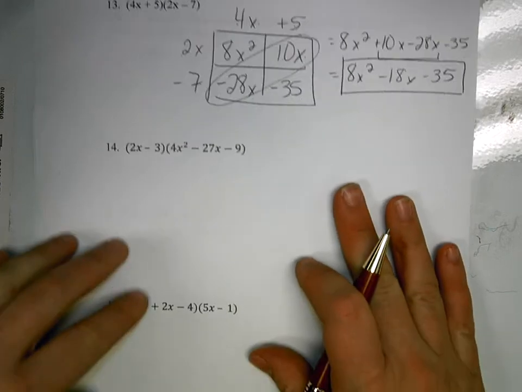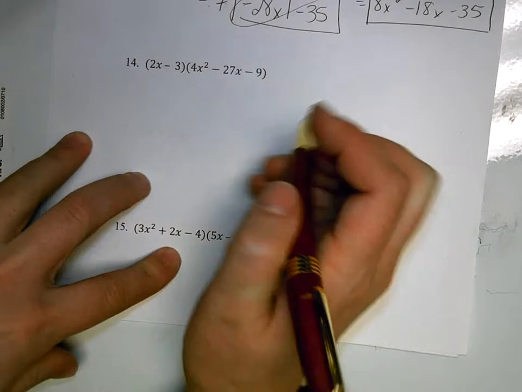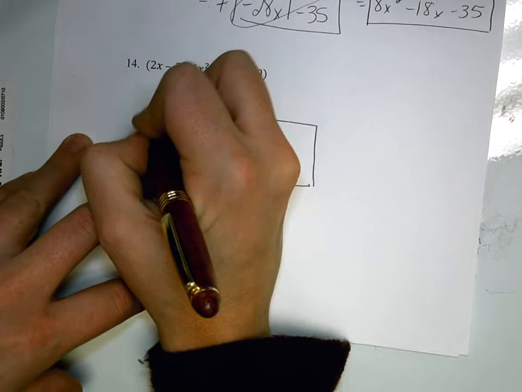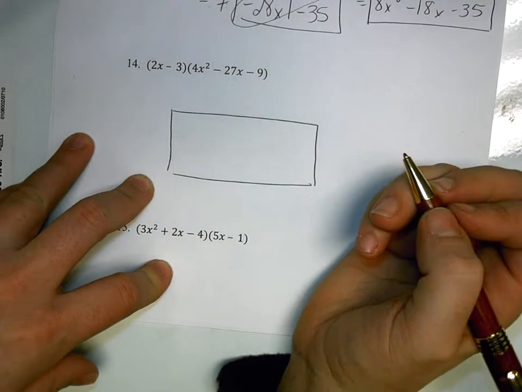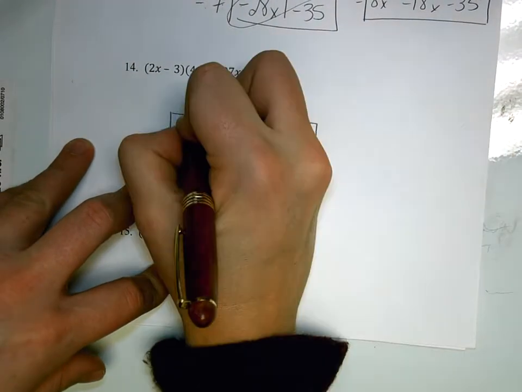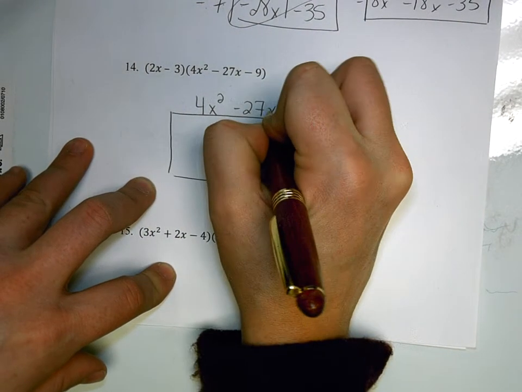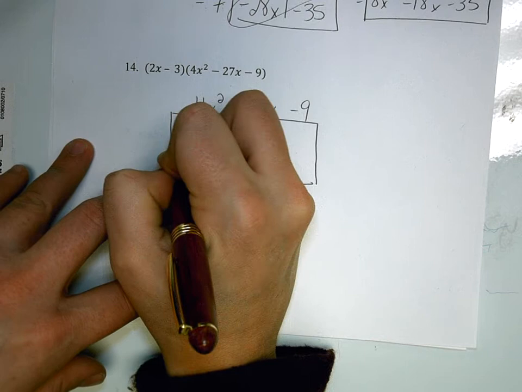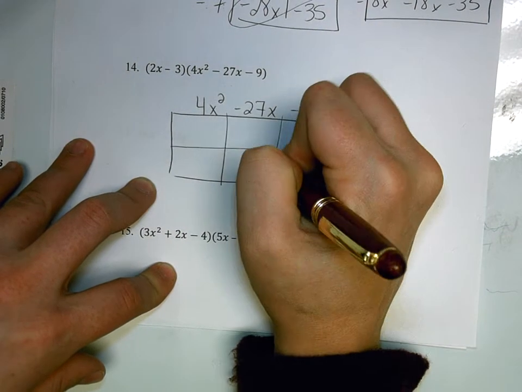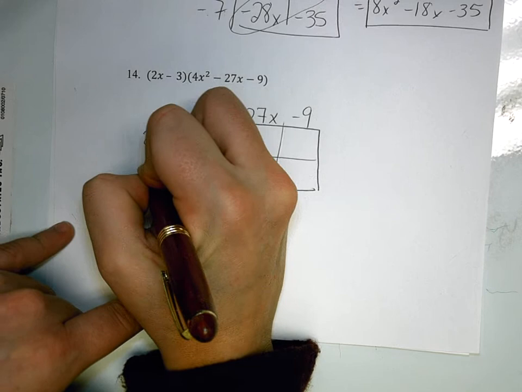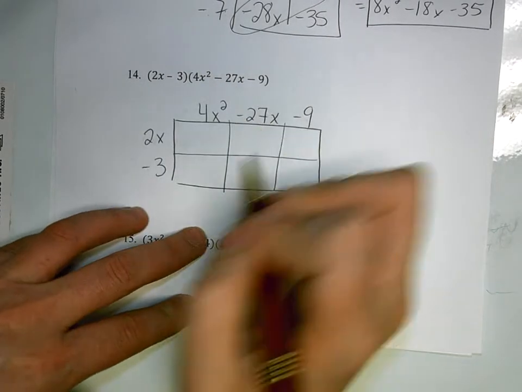Number 14, I have a binomial and a trinomial. That's okay, my rectangle gets a little bit larger because I have a trinomial, and that will just help me find a couple more areas. So now I have 6 areas that I need to find because I have 2 terms and 3 terms.